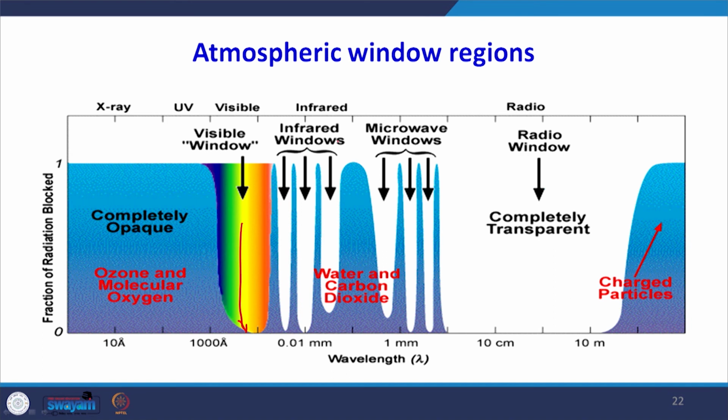Then there are infrared windows, which are completely reaching the ground, the incident radiations, and then we have the microwave windows. These are the suitable regions, and these regions are called atmospheric window regions.